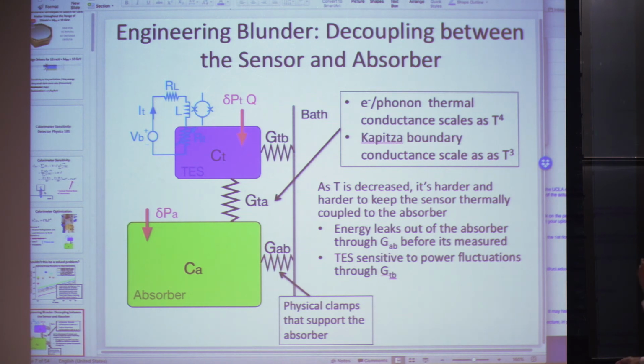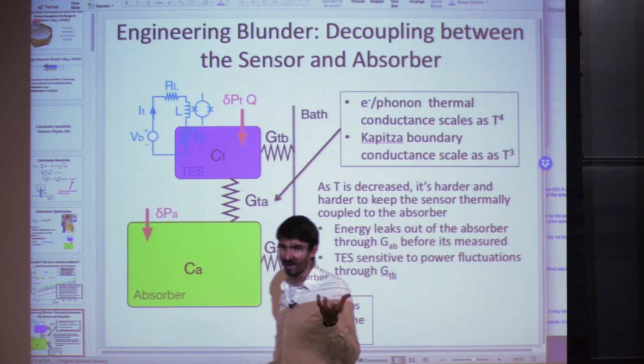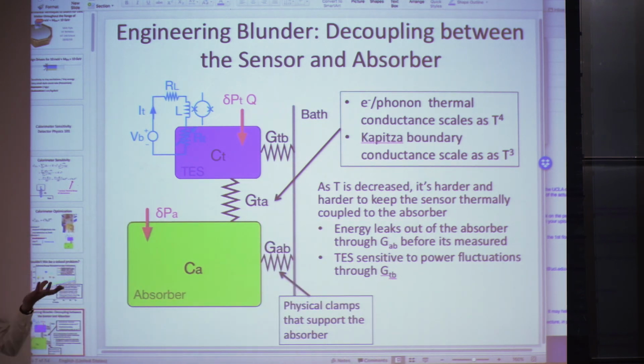This is what people have been doing for the last 20 years, and they ask themselves, why don't I have good energy resolution? And now it's sort of obvious. I put energy in here, it bounces around, it goes out through the clamps of the housing, and then you lose it. Or a little bit of it comes here, but then they've coupled this electronic system directly to the bath through some kind of gold wire bond. And again, then I have noise here bouncing back and forth that totally dominates my signal.